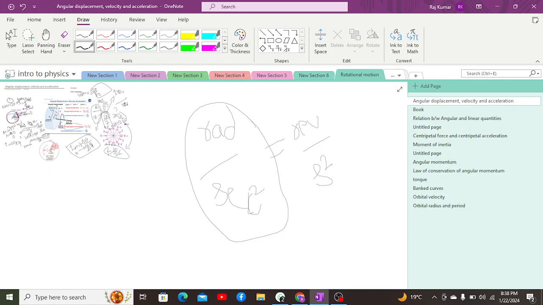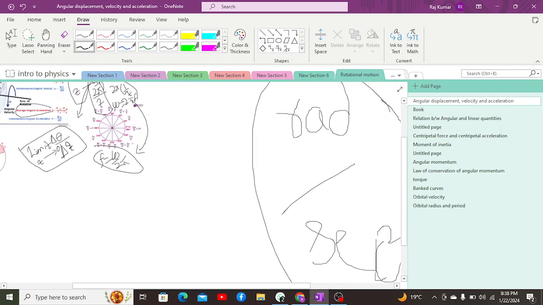One more thing that I would like to highlight over here is its dimension. Dimension would be, of course, simple: T to the power minus 2.